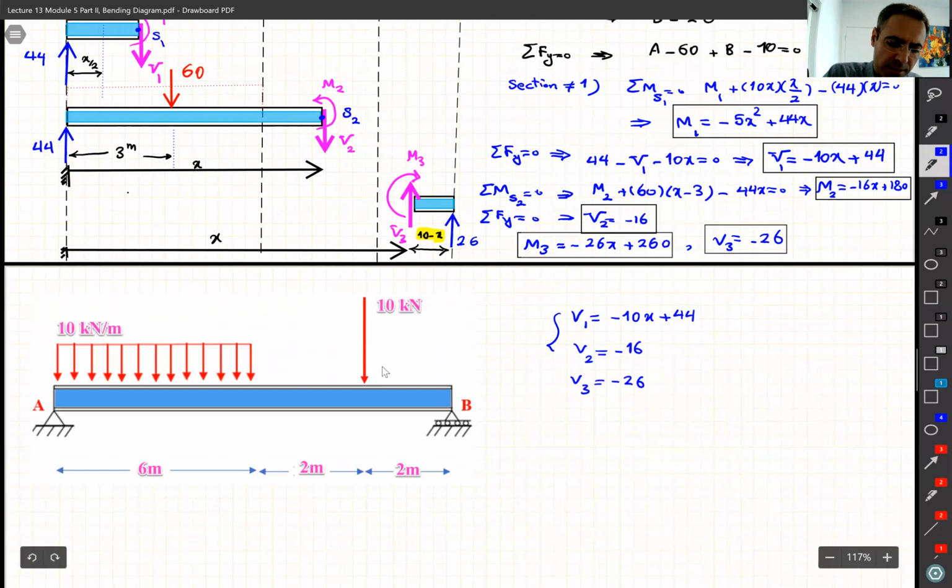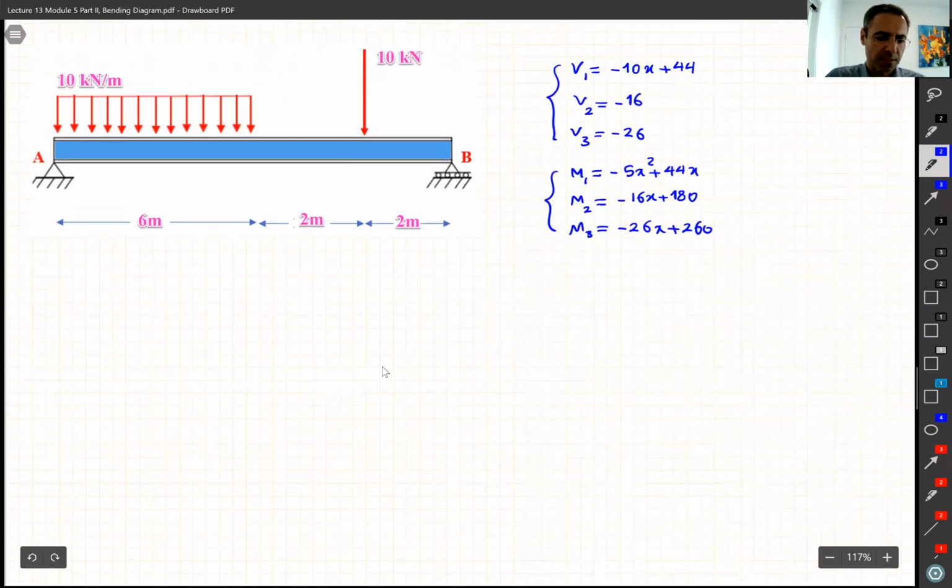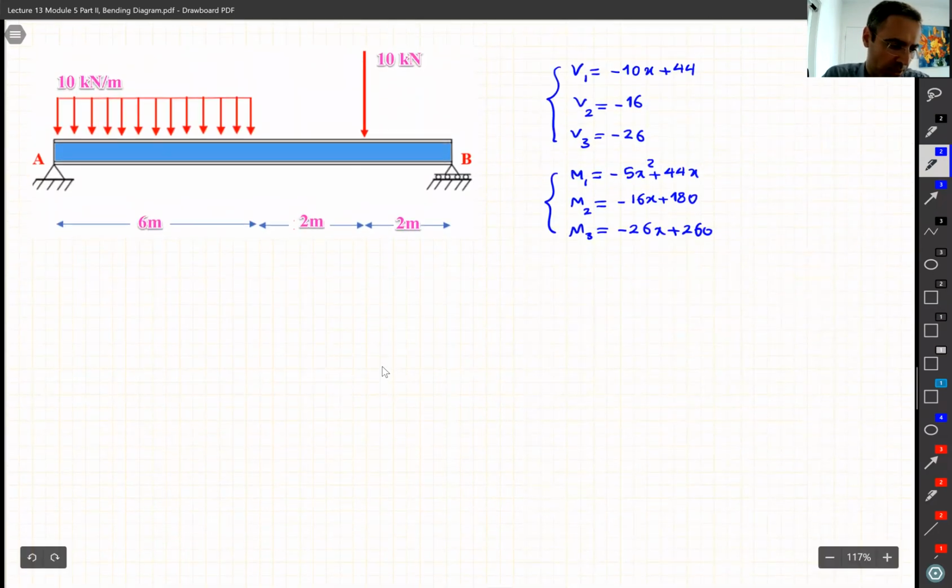This is the V, guys, and then M1 minus 5x squared plus 44x, M2 minus 16x plus 180, and M3 minus 26x plus 260. All right, so let's move to this clean page.